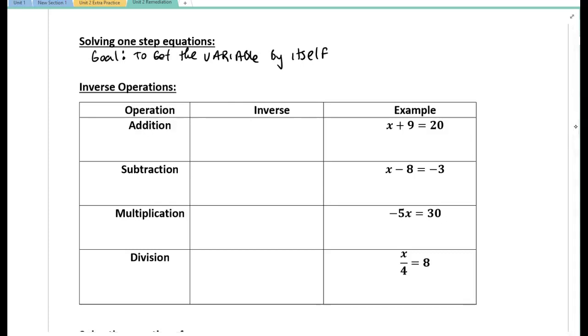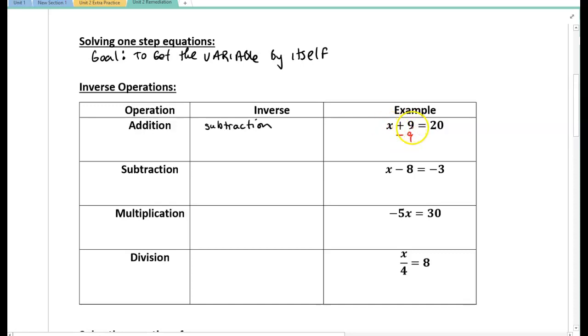So if the operation is addition, what would the inverse of addition be? That would be subtraction. When I go to solve this equation, I read it as x plus 9 equals 20. What do I do to get x by itself?